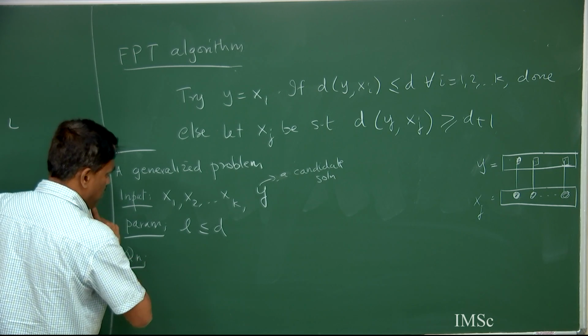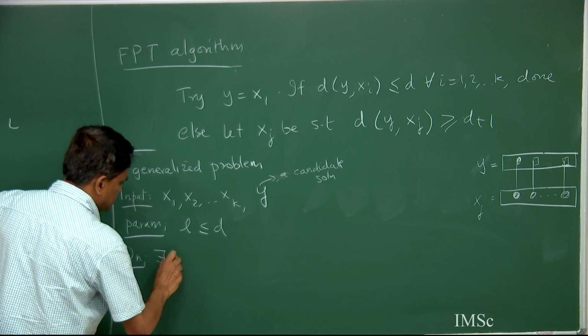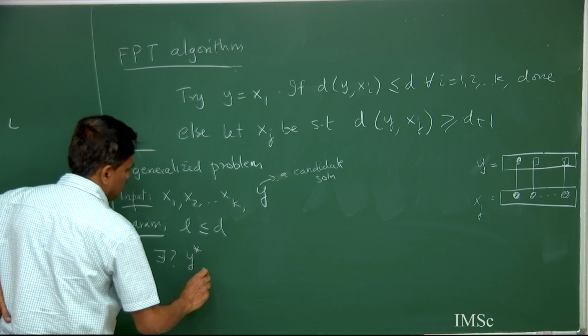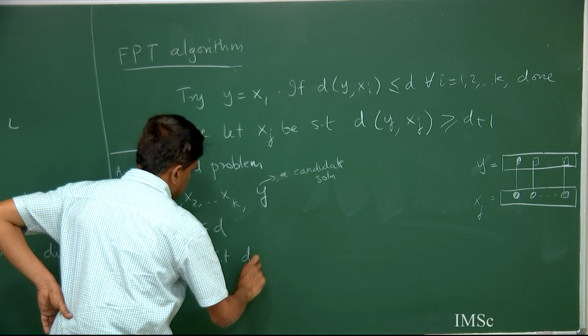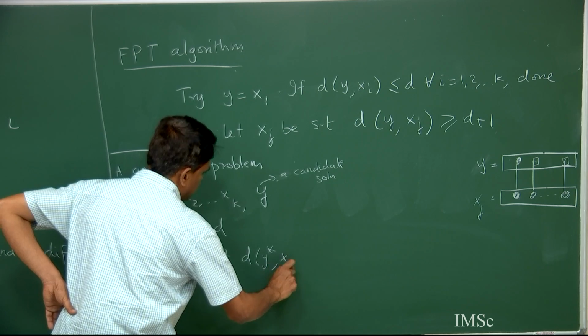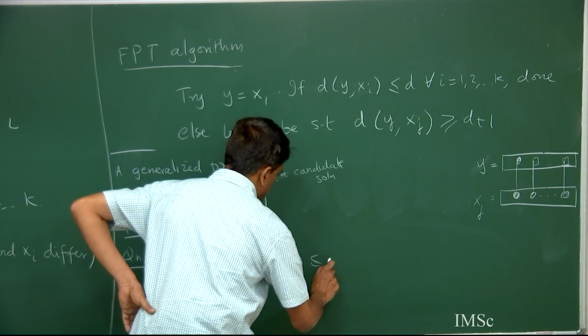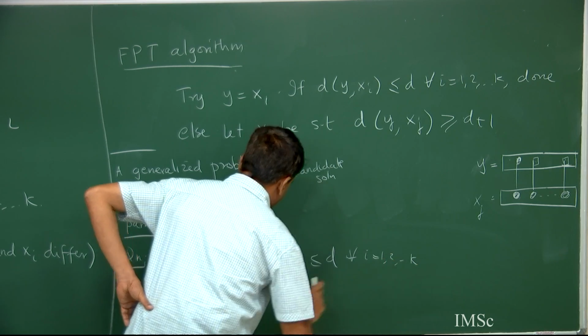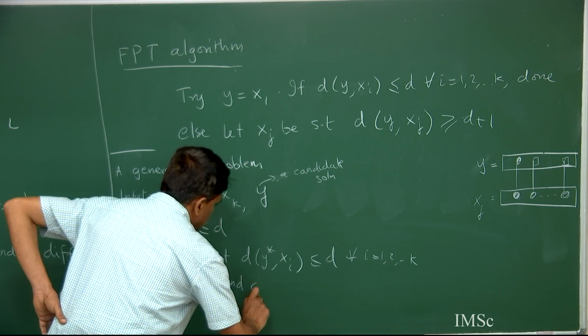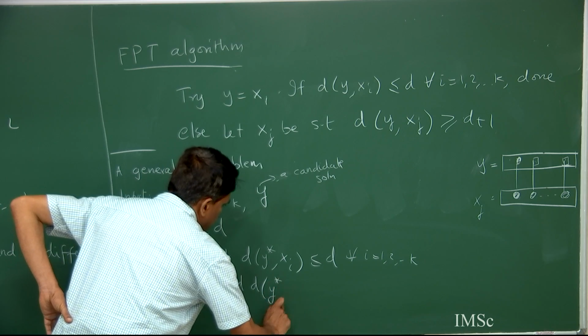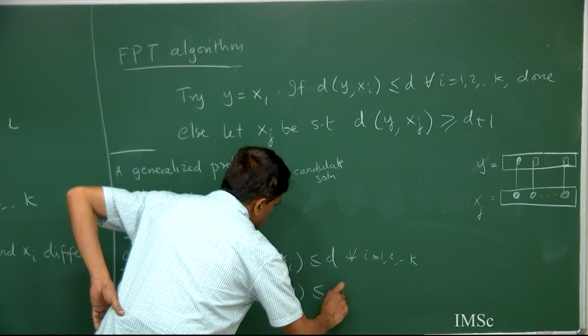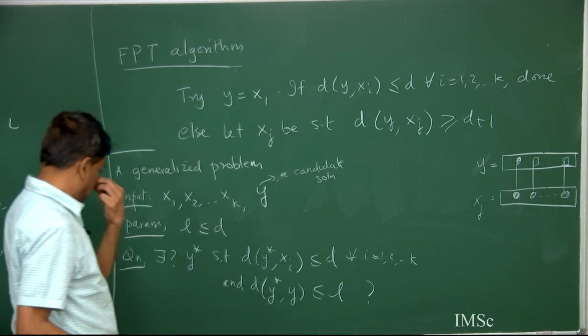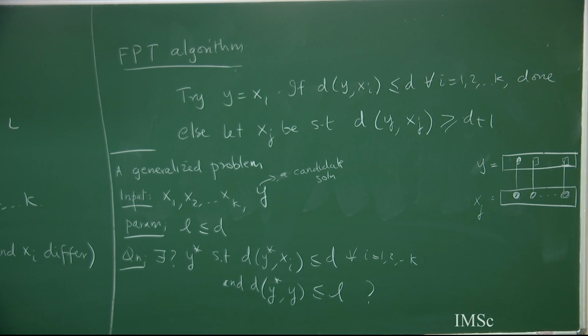The question is, does there exist a y star such that the distance from y star to xi is less than or equal to d for all i up to k, and in addition the distance from y star to y is less than or equal to L. So, it is a slightly generalized problem.